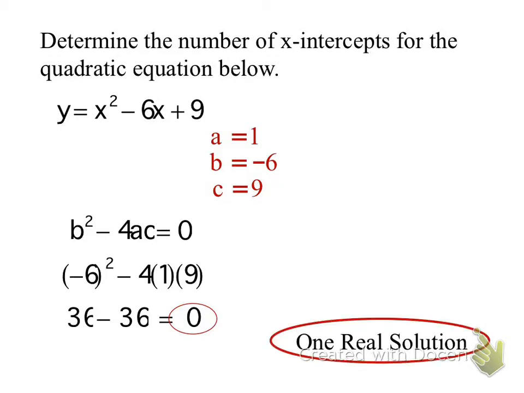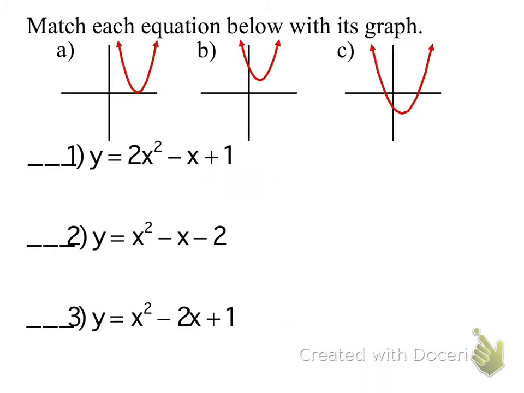All right, so now let's use this. How can this help us? Let's say you're given a question and you have to match the equation to the graph. Where before we had to do the axis of symmetry and the vertex and figure out all this stuff, now we can just use our discriminant. Everybody say discriminant. So the discriminant here, remember my A is 2, my B is negative 1, my C is 1.